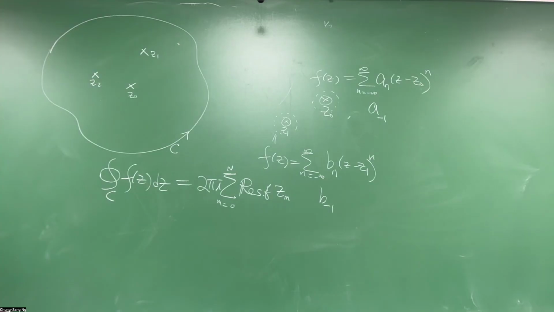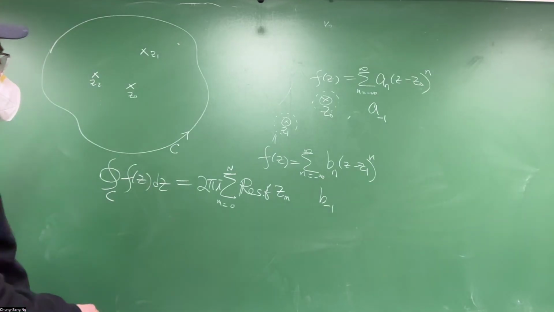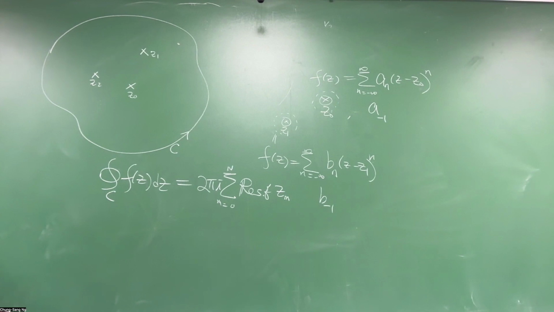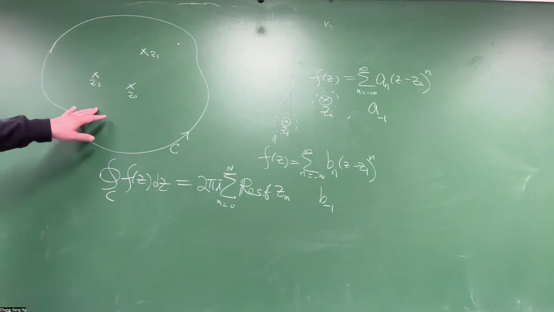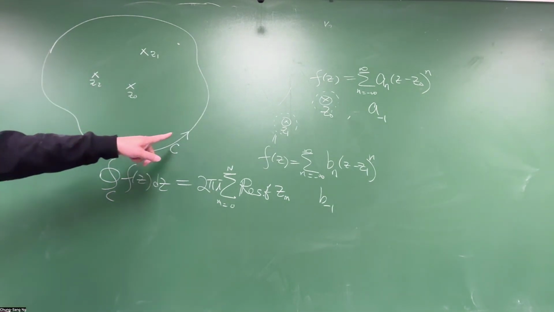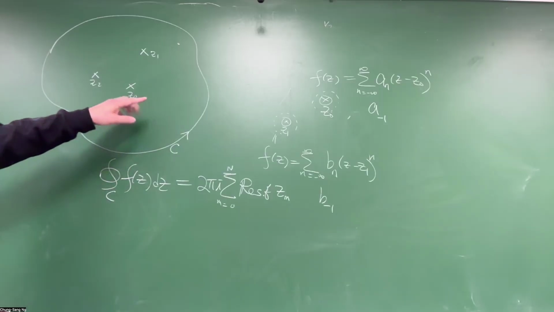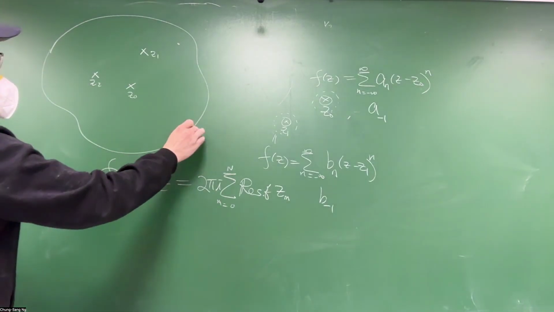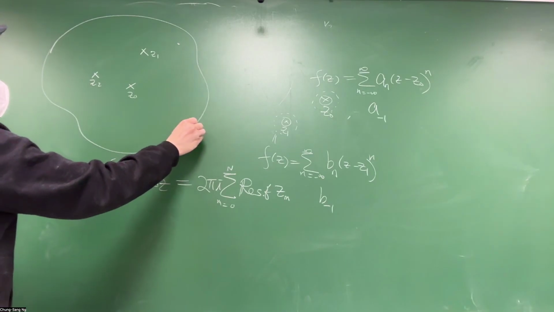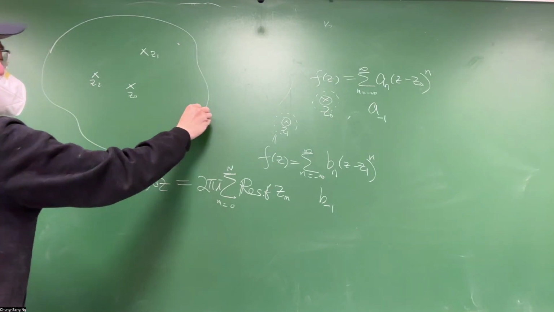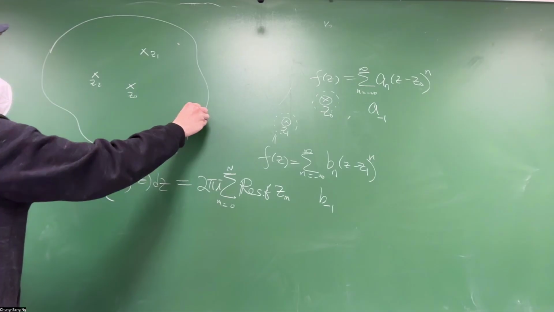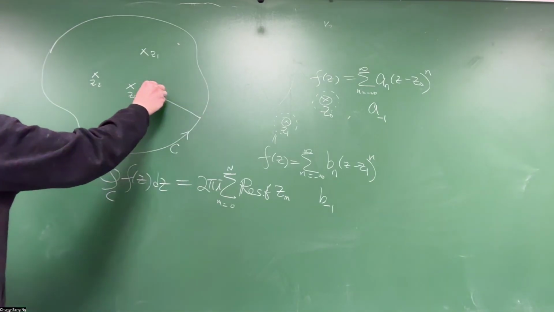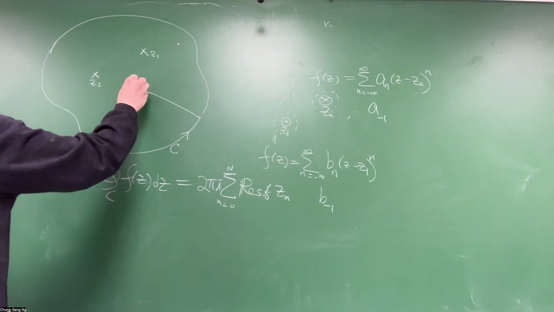You want to construct a loop that will not contain these singularities. So basically, you want to deform your contour to get those singularities out of the loop. And to do that is like taking a detour. We did that quite a few times. It's just conceptual, it doesn't have to be practical.